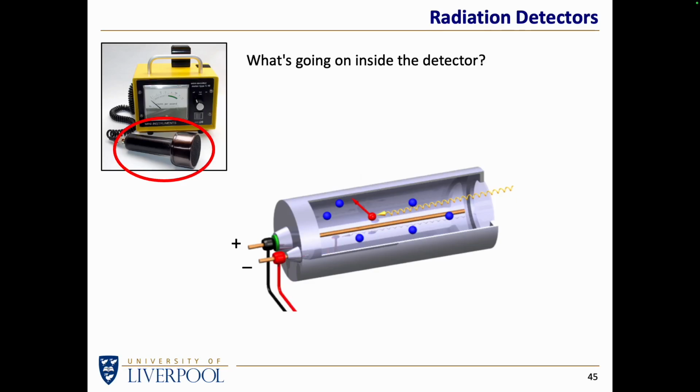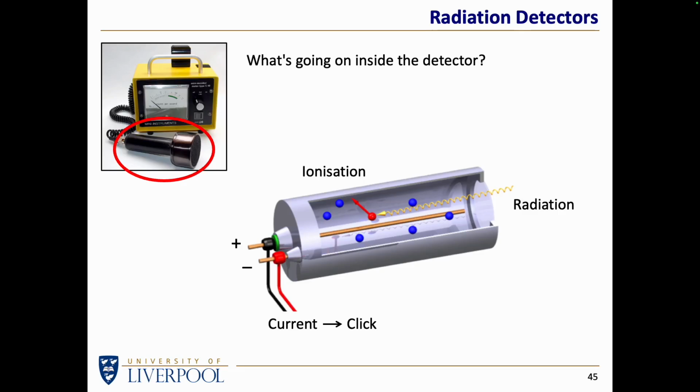Well, basically, it's a cylinder with some inert gas in there, and if radiation comes in, it can ionize the gas, and because a voltage is applied between a central terminal and the outside casing of the cylinder, whenever you ionize the gas, plus goes one way, minus goes the other way, and a little box of tricks basically measures that ionization by effectively just measuring the current, because each atom that's ionized produces a very small current when it goes to the positive terminal or the negative terminal, and the current is simply converted by an amplifier into a click.